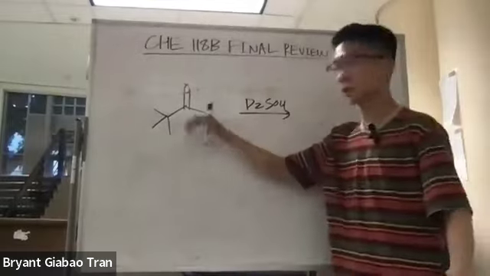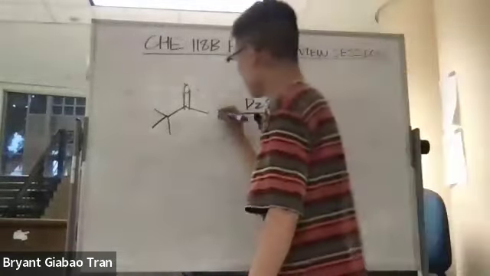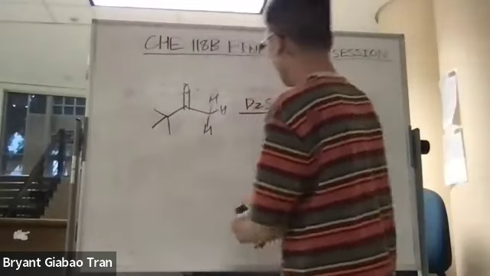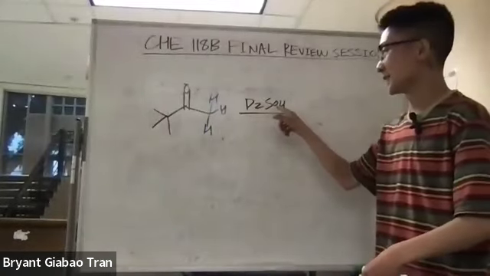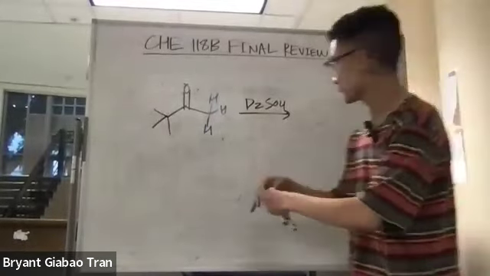When we have this carbonyl here with 3 alpha hydrogens, 1, 2, 3, and we react this with D2SO4, this is not H2SO4. So when we do this whole reaction, let's do D2O as well.